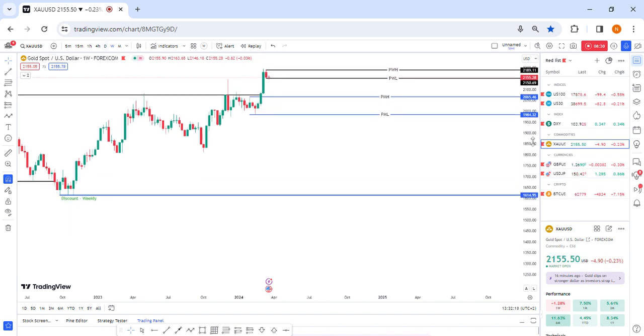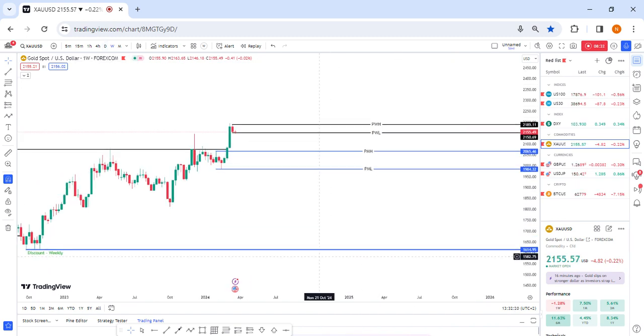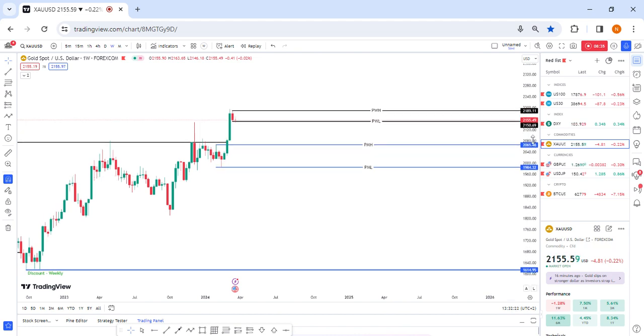Let's come down to our weekly. Okay, so again you can see for some time, 1, 2, 3 weeks, bullish price action.